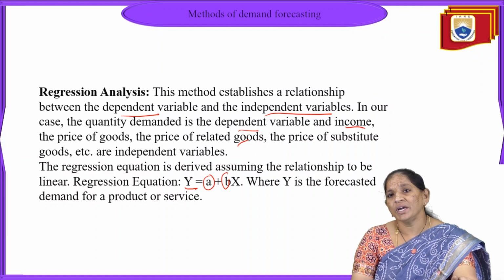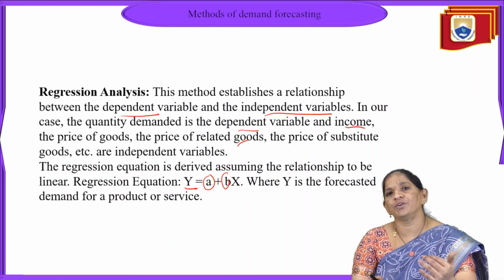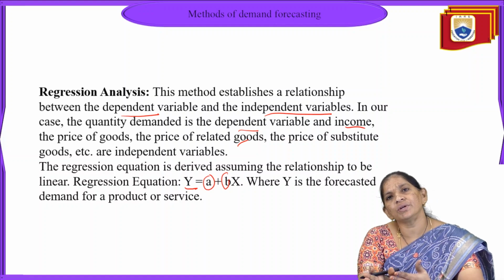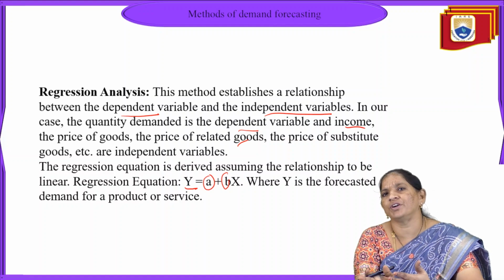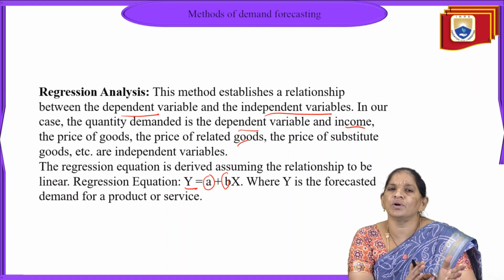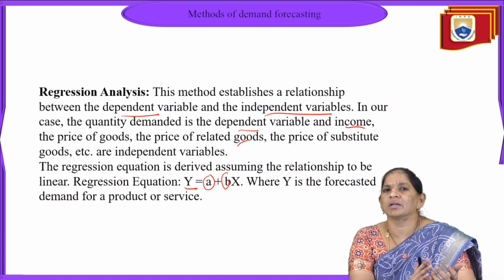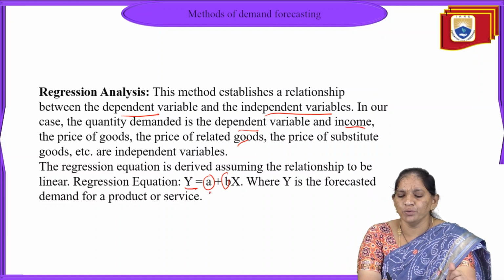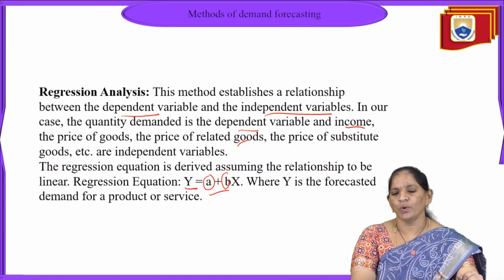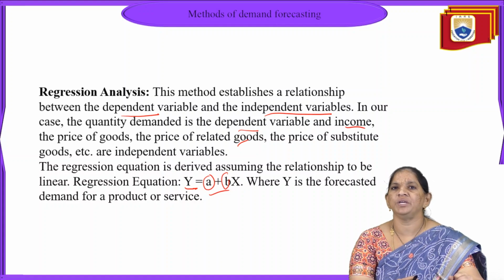Where y is the forecasted demand of a good. Based upon these known variables, we want to forecast the unknown variable. The relationship will exhibit what sort of requirement there is in the market for related goods. We can solve this by using the regression analysis formula, that is y = a + bx.